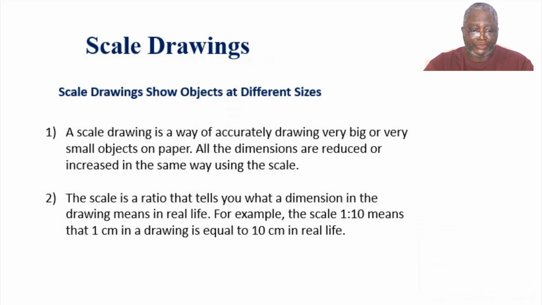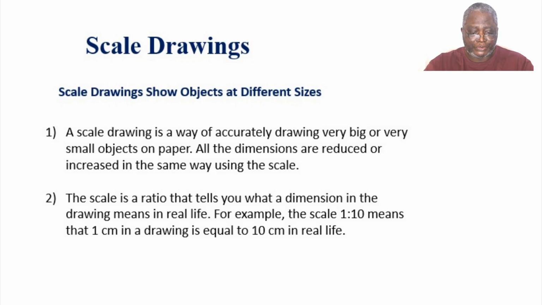Let's look at scale drawings. Scale drawings show objects at different sizes. A scale drawing is a way of accurately drawing very big or very small objects on paper. All the dimensions are reduced or increased in the same way using the scale.